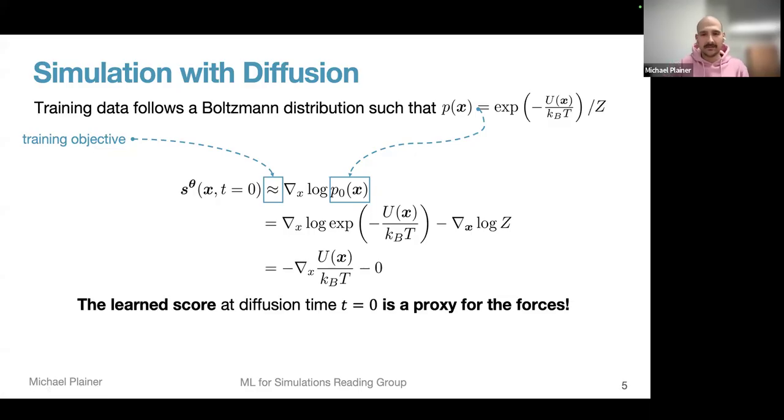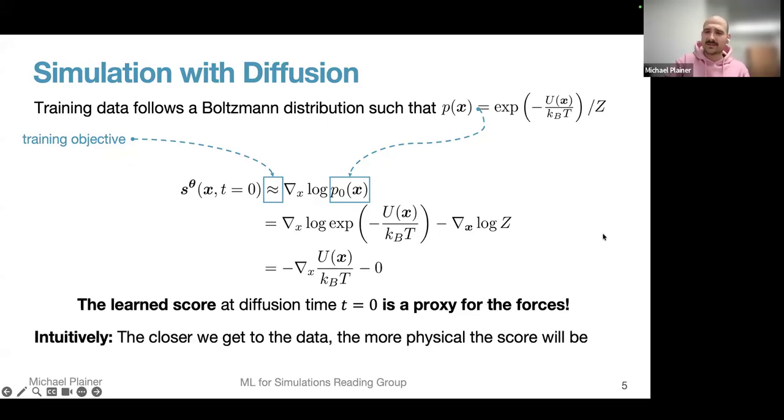And this means if we have Boltzmann distributed training data, what we can do is we can just train a diffusion model the way we always do. So just taking samples, and then we can extract the scores or the forces out of the score by just a single model evaluation. And also, I think this gives some nice intuition about the diffusion sampling process.